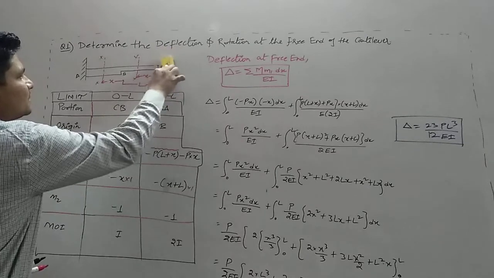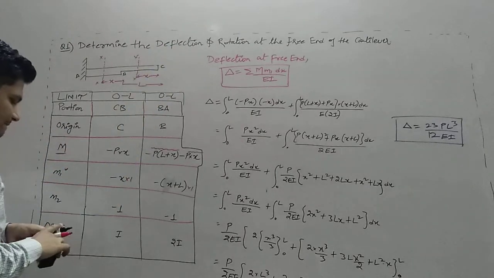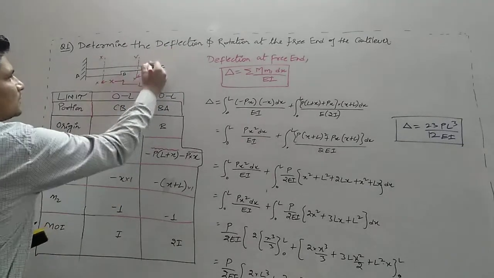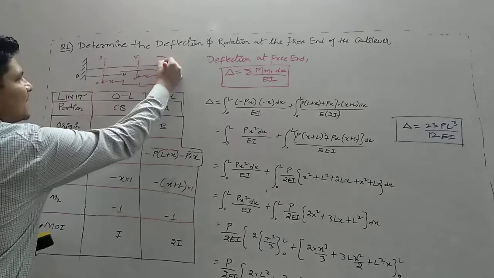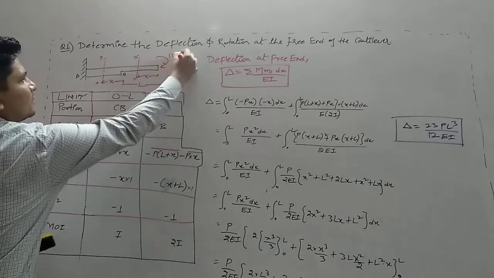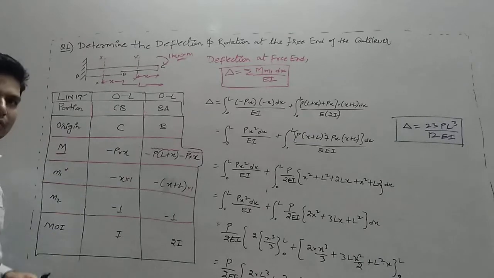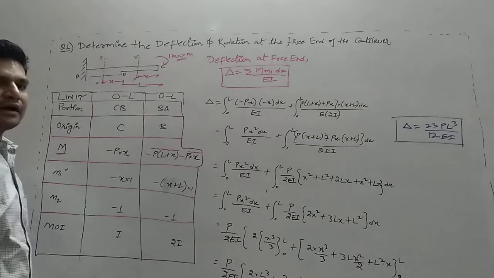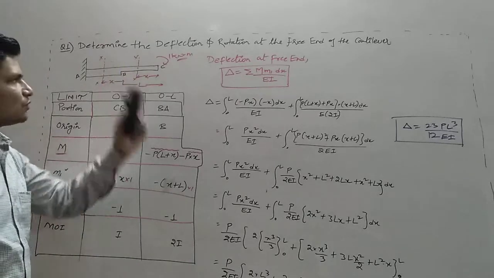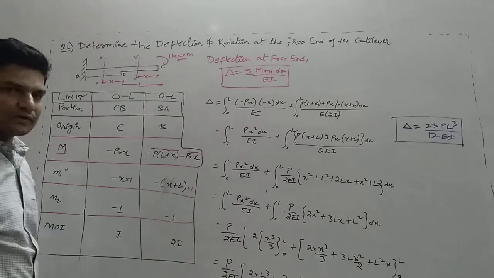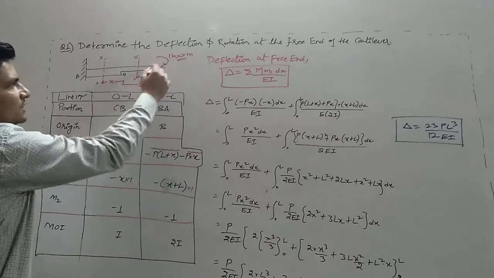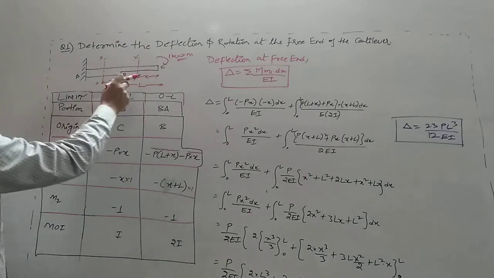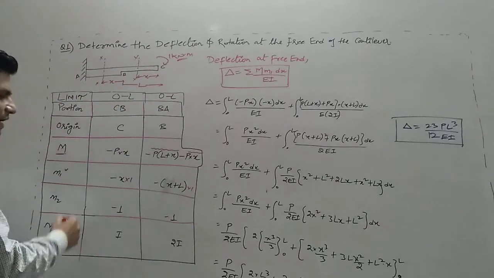Now apply the 1 kilonewton meter unit moment here, for your M2, and remove all the external loads. So I removed all my P loads. Now for this CB portion and this BA portion, we write the value of the bending moment.